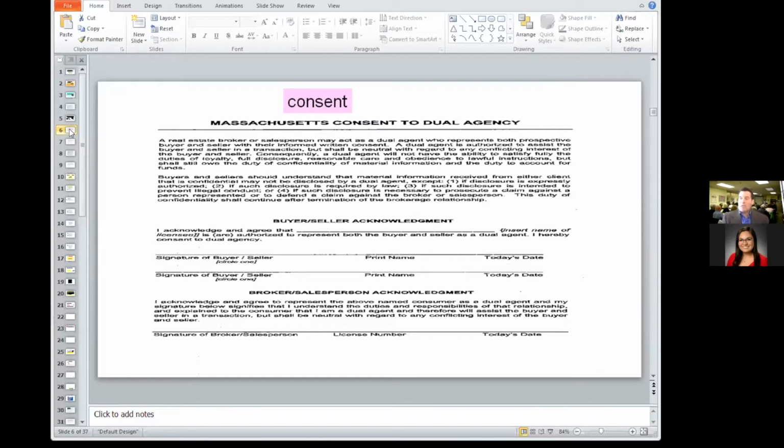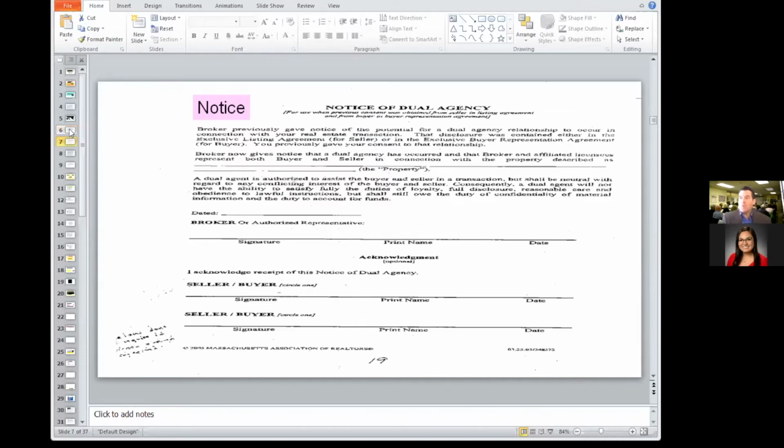So you would need to get a consent to dual agency document signed, and that would tell the seller or the buyer that at some point in the future you may become a dual agent, and they find that to be okay. The moment you actually become a dual agent, you need to give them another form called notice of dual agency.